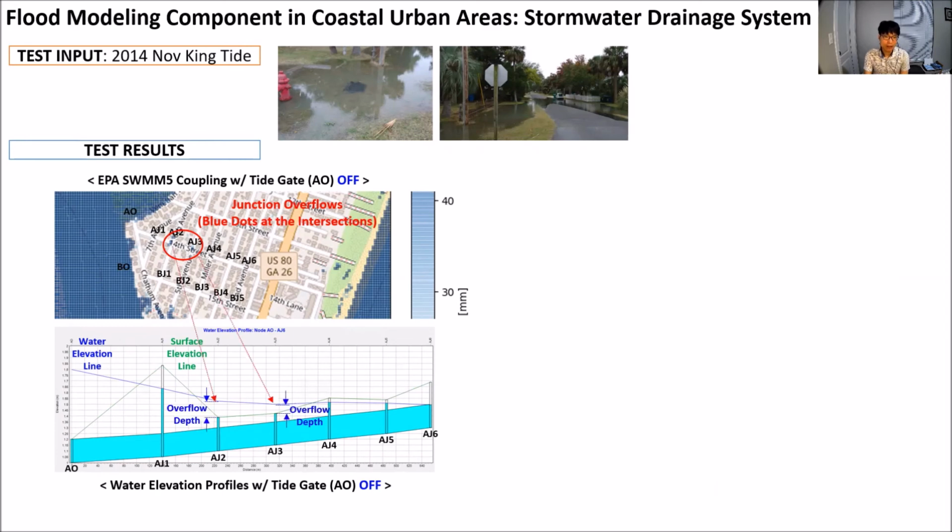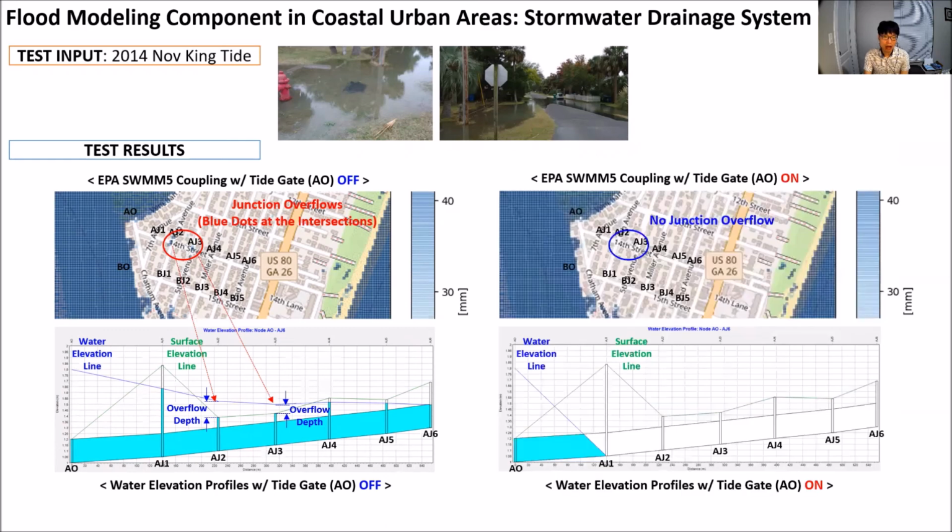The difference between them represents the overflow depth at these junction locations. However, with the tide gate setup, there would be no junction overflows in the same locations as no water can flow back through the conduit.